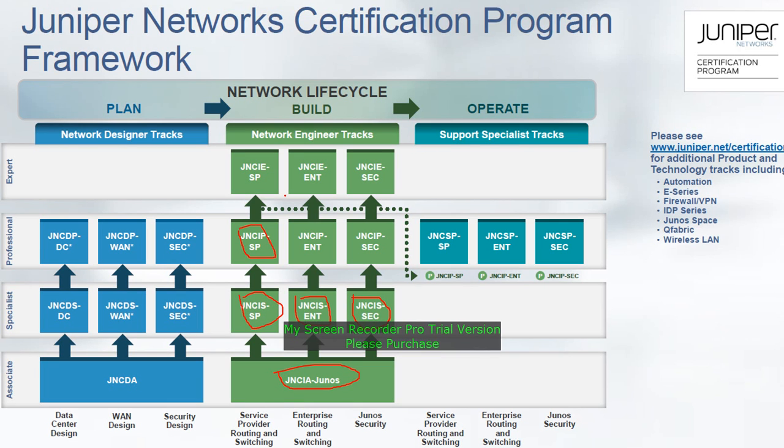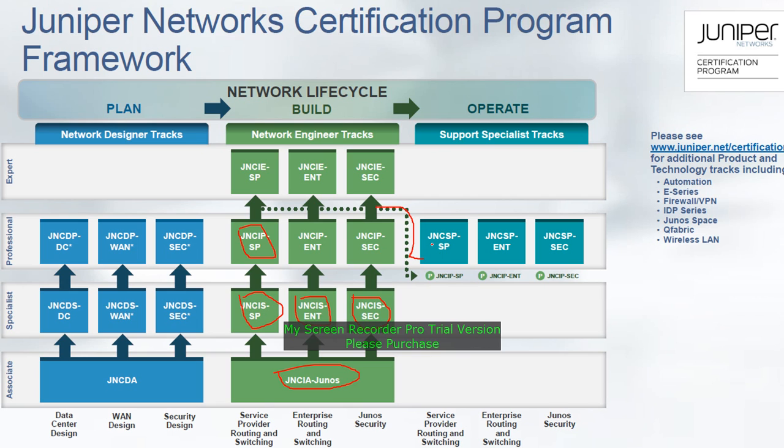If you want to enter into any tech, JTech, then you will have to follow this. Then you will have to do JNCSP, which is specially designed for a support track, Juniper Certified Specialist Professional in service provider, enterprise, and security.